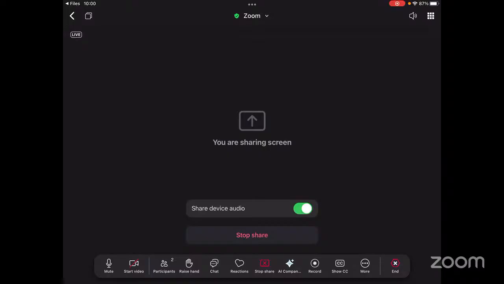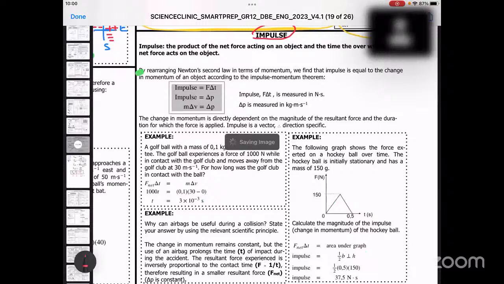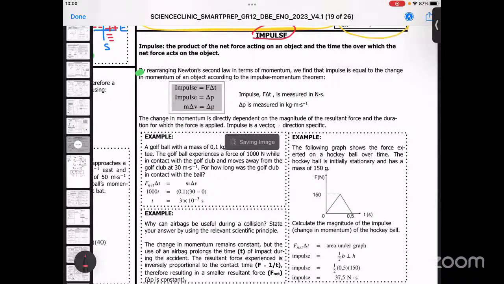Okay, still saving the image. I'll just wait for it to save. I don't know why it's taking this long to save an image, but it's fine.